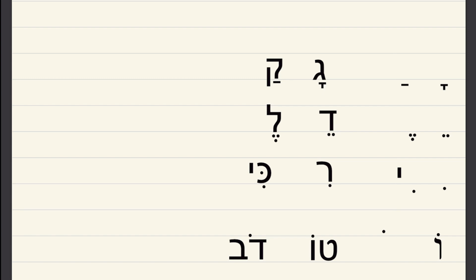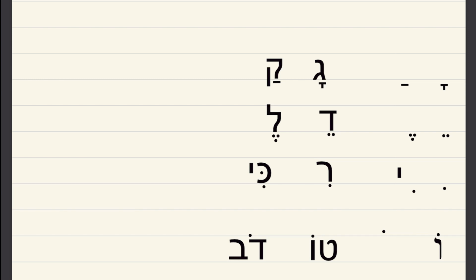But generally speaking, there are markings that come usually under or next to the letter. So here, these two would make the sound ah. Now, there is a difference between them, but it's a bit more complicated, and most Israelis don't know the difference. And today we don't hear the difference anymore.